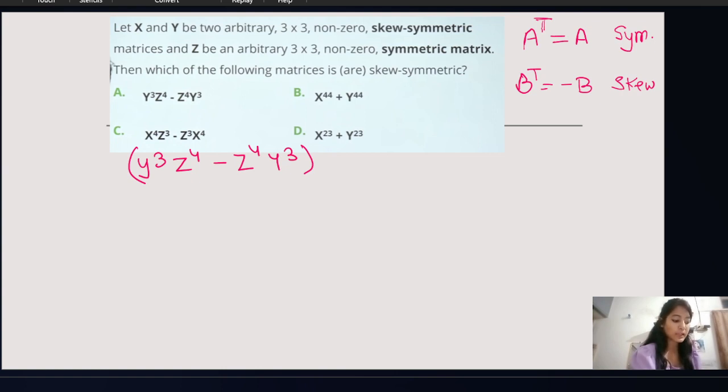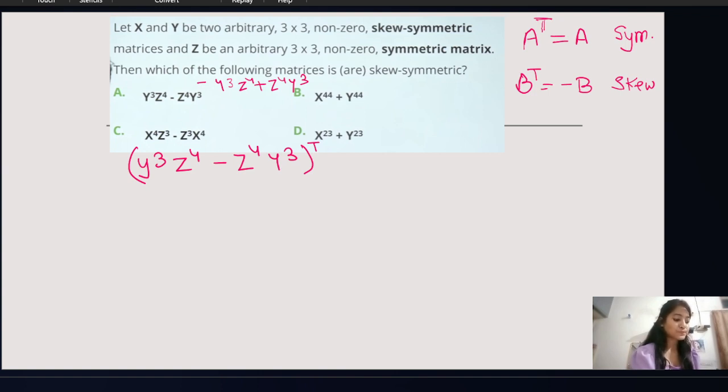If we get the same matrix after finding the transpose, then we can say it is symmetric. And if we get the negative of this matrix, which will be minus Y^3 Z^4 plus Z^4 Y^3, then we can say this is a skew symmetric matrix.